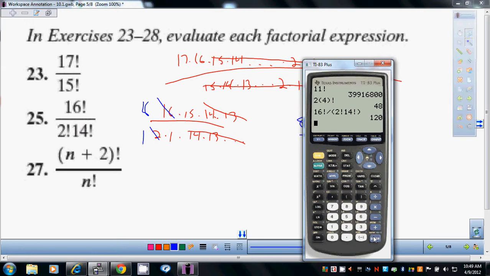No other parentheses or anything is needed. Sure.